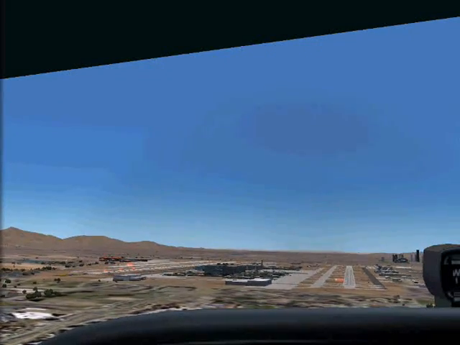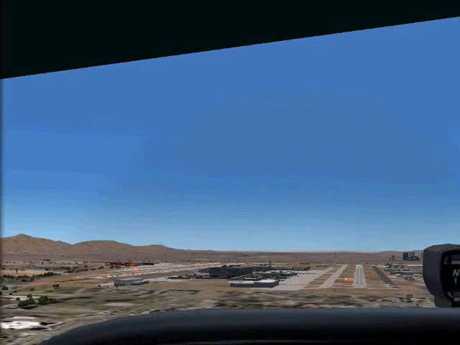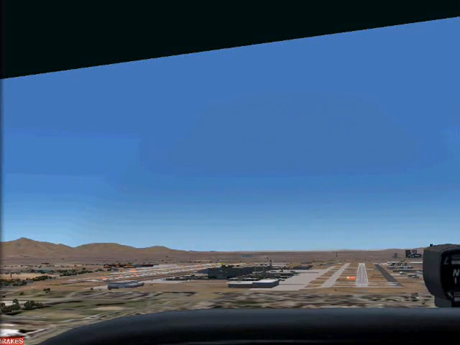This light airplane is on final approach, correcting for a left crosswind with a crab angle.